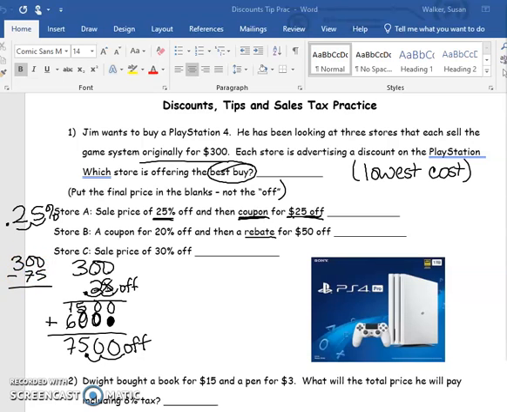So subtract that for me. So that becomes a 10, then a 9, then a 2. Okay, so 225, guys, that is the sale price, okay?